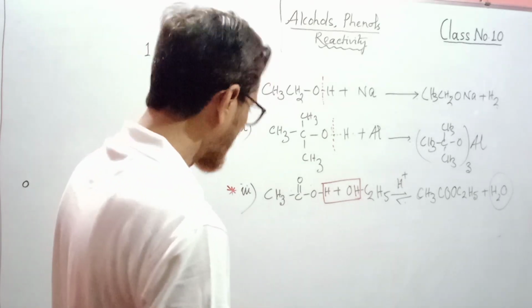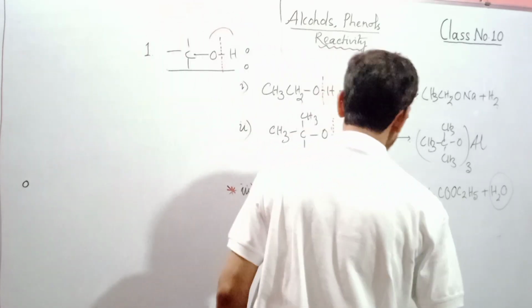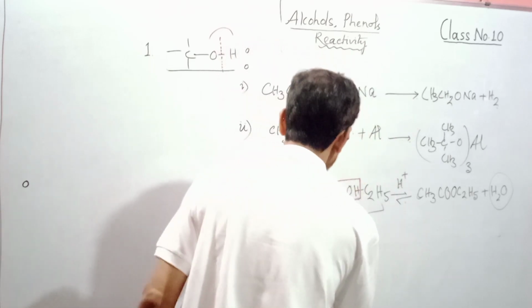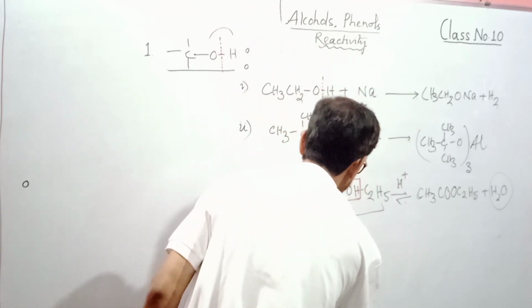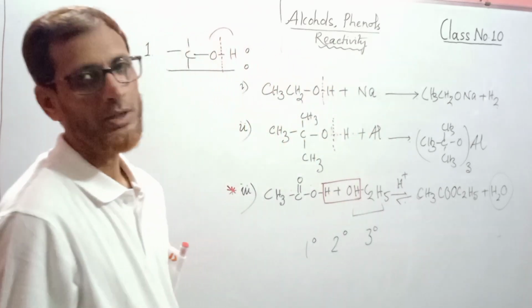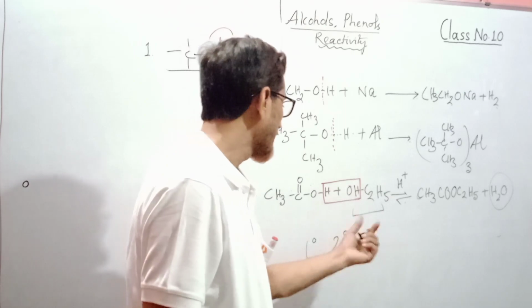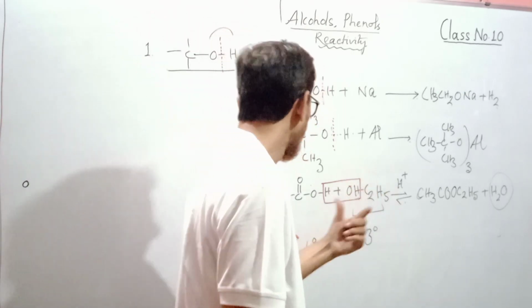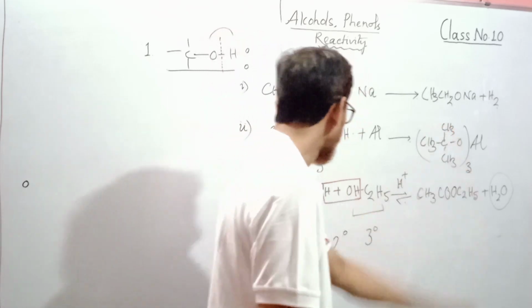There is another important point to be mentioned here: the alcohol used in the reaction may be 1 degree, 2 degree, or 3 degree, and sometimes in your class exam or entrance exam it is very often asked what is the rate of reaction of alcohol in the process of esterification.